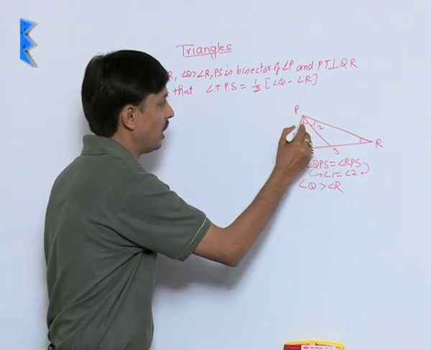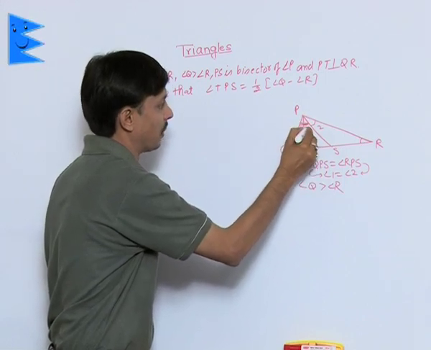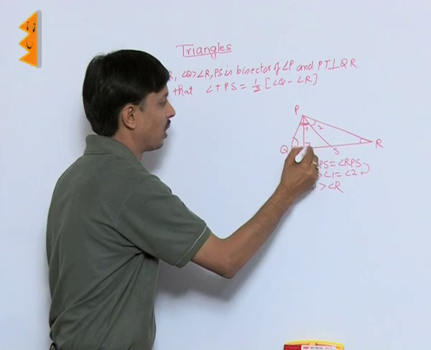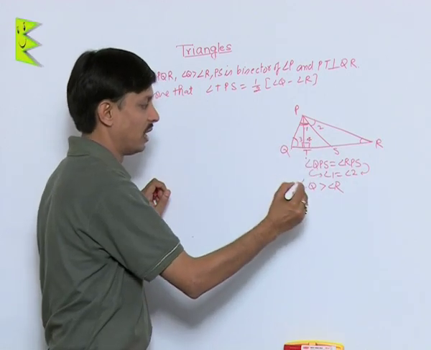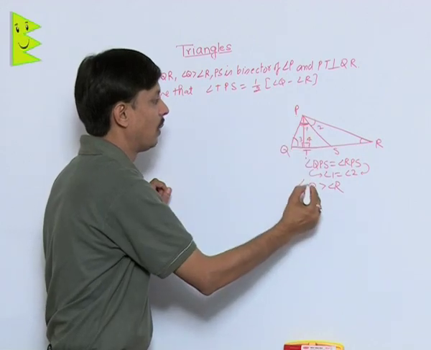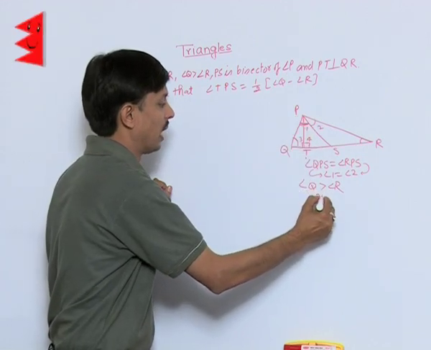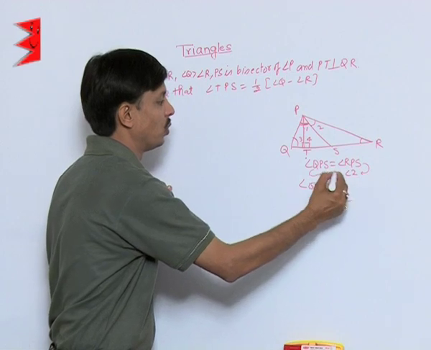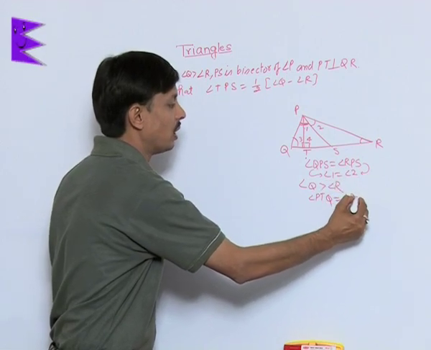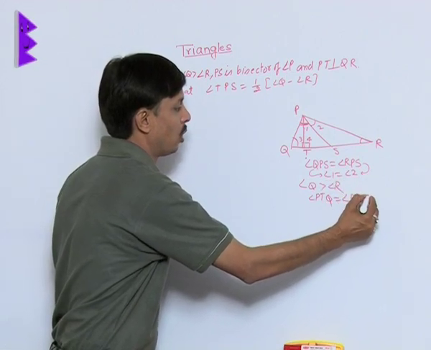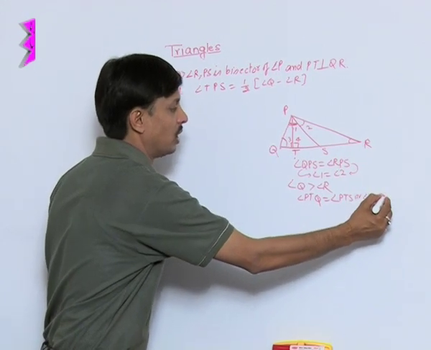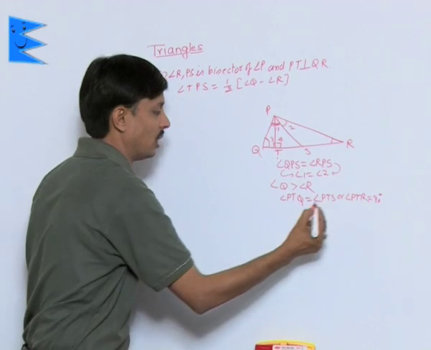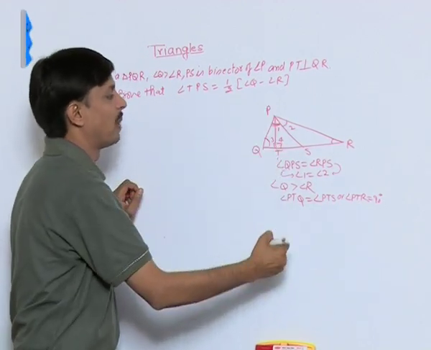PT is the perpendicular, that means these two angles 3 and 4 are 90. What are 3 and 4? Angle PTQ is equal to angle PTS or angle PTR. Each is 90 degree, as PT is perpendicular.